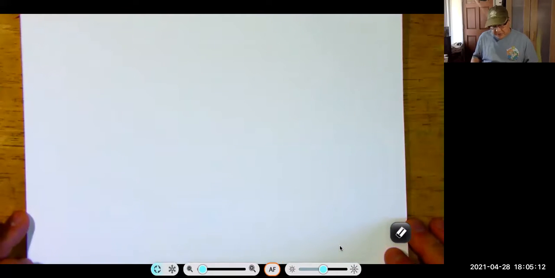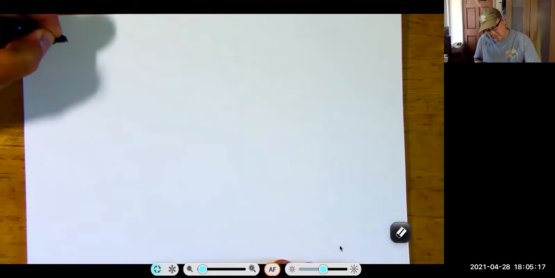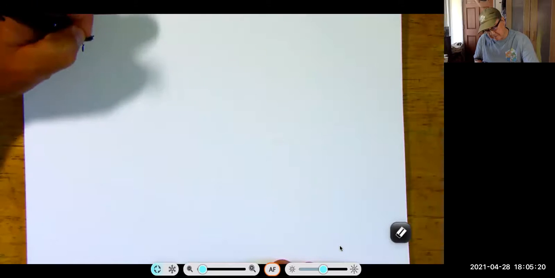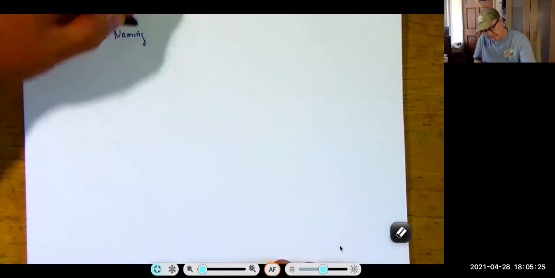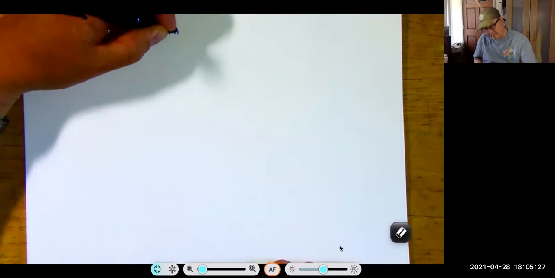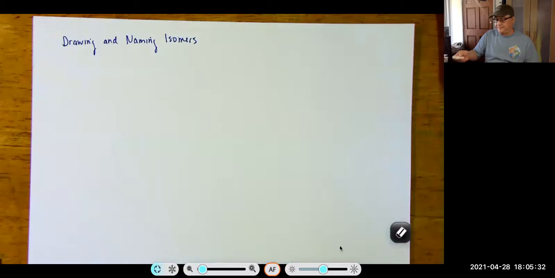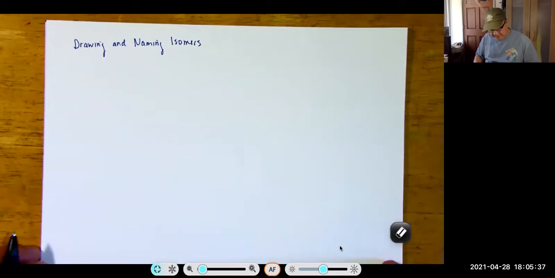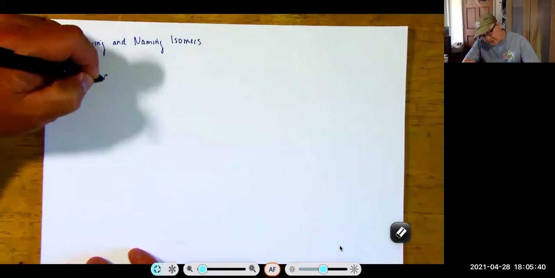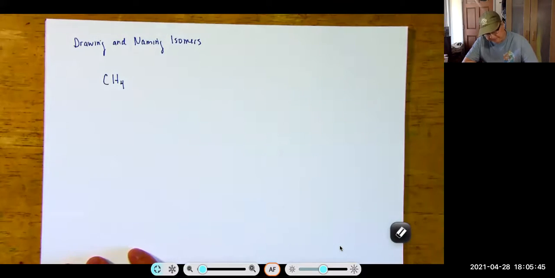Okay, so we're going to practice drawing and naming isomers. And so we're going to start with some simple ones. So when we talk about the formula CH4, there's only one, and it's CH4.